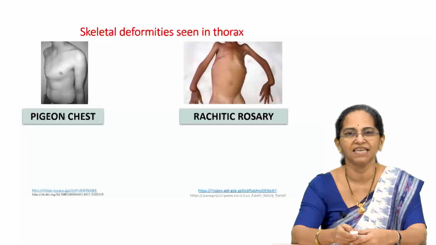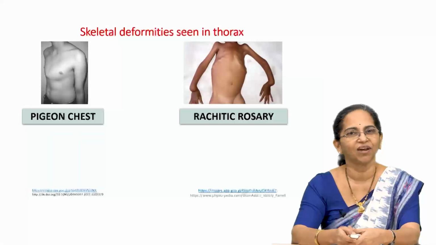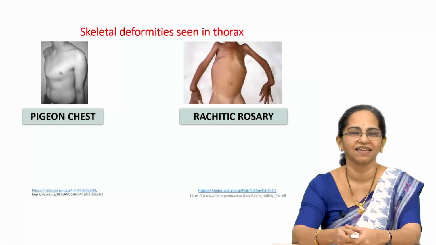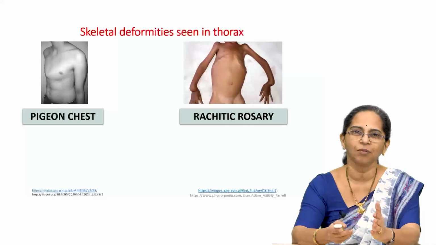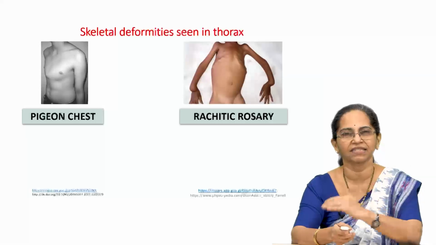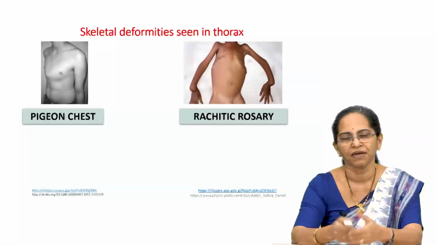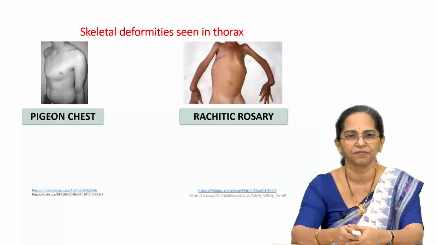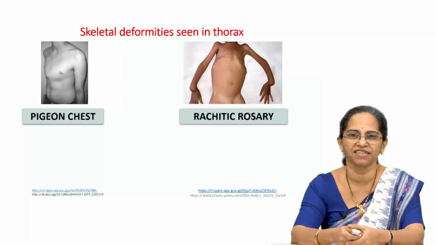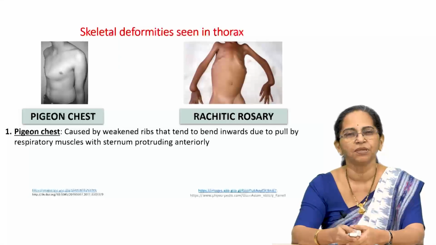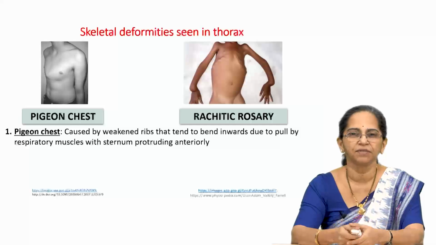So, now let us see the clinical findings. We call them the skeletal deformities seen. We will see the deformities in the head, thorax, arms and feet. Let us begin with the thorax first. You can see two pictures here. The first one is the pigeon chest and the second one is a rachitic rosary. The pigeon chest is caused by the weakened bones.